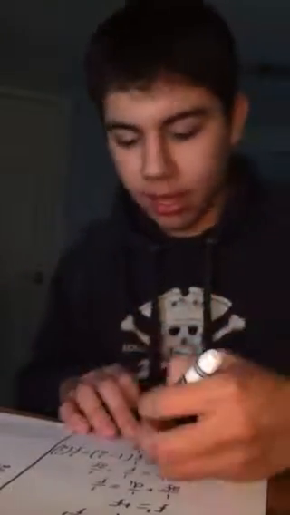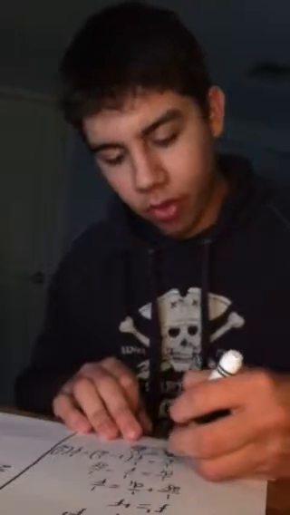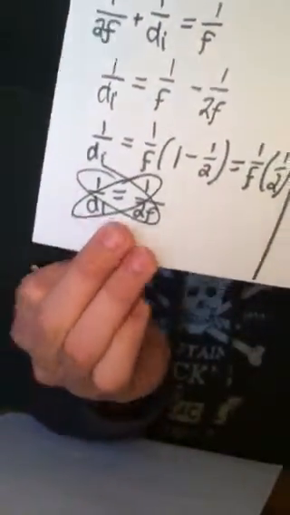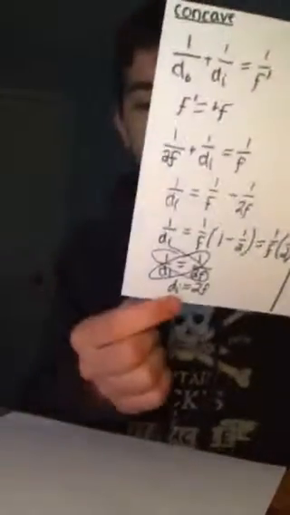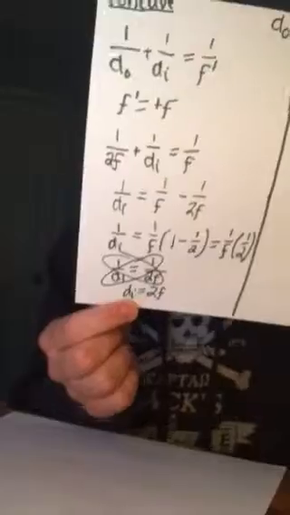Now, since 1 over DI equals 1 over 2f, you literally just cross multiply, and you get DI equals 2f. If there's ever numbers in the numerator somehow, you can cross multiply and then divide by 2 or whatever numbers they are, just to get DI alone.